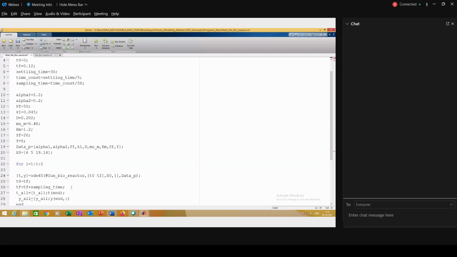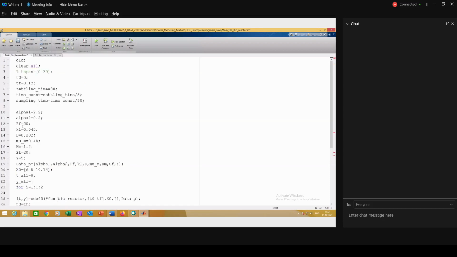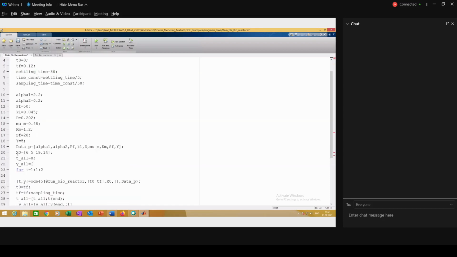Does it work in that fashion the way I want it? That's what we need to check. Before this we need to define this T all equal to 0, and Y underscore all equal to the initial conditions, which here I have given as x0. So I have x0.